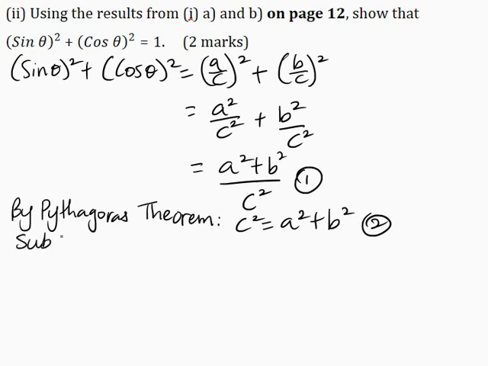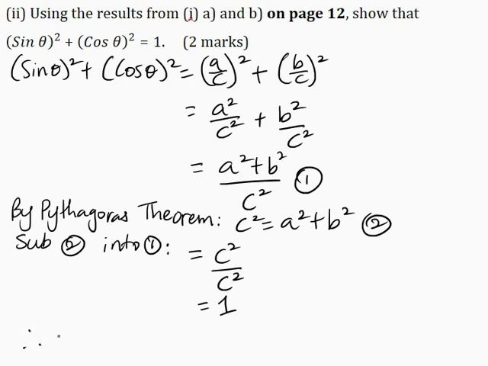Now I will substitute here equation 2 into equation 1. What this means is wherever I see A squared plus B squared, I will replace it with C squared. So this is equal to C squared divided by C squared, which is equal to 1.